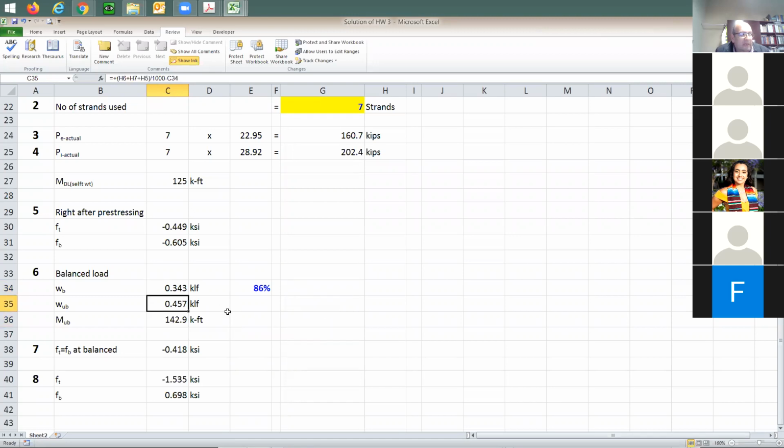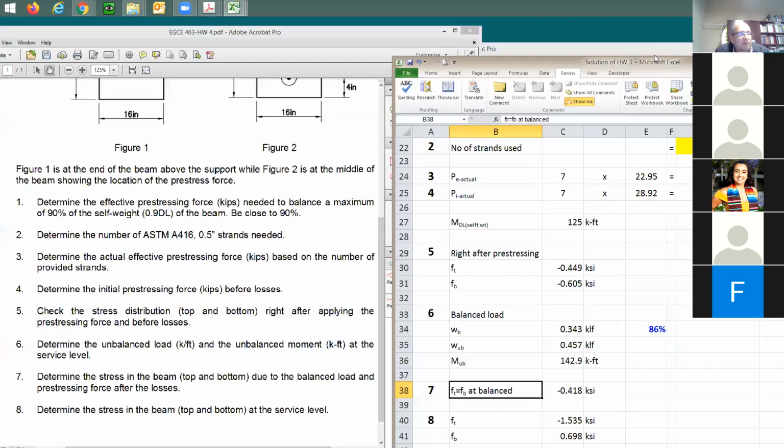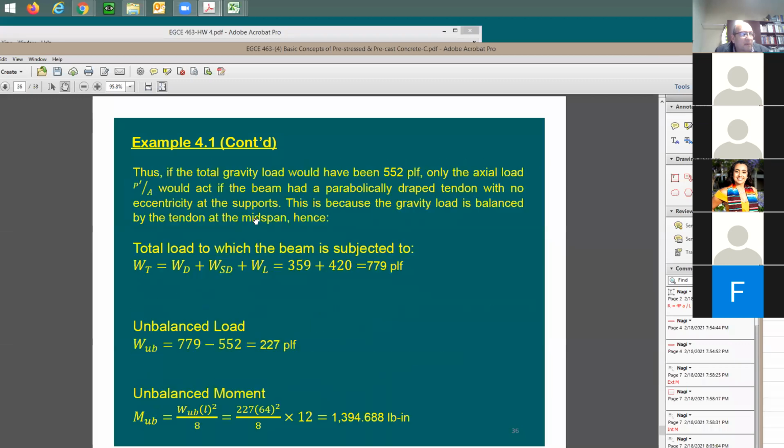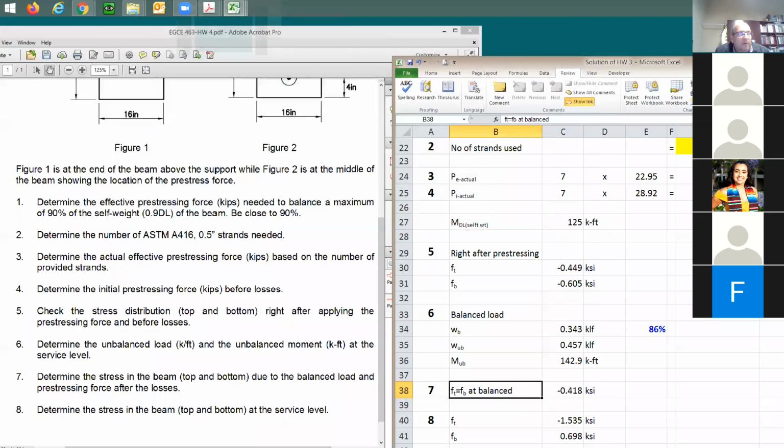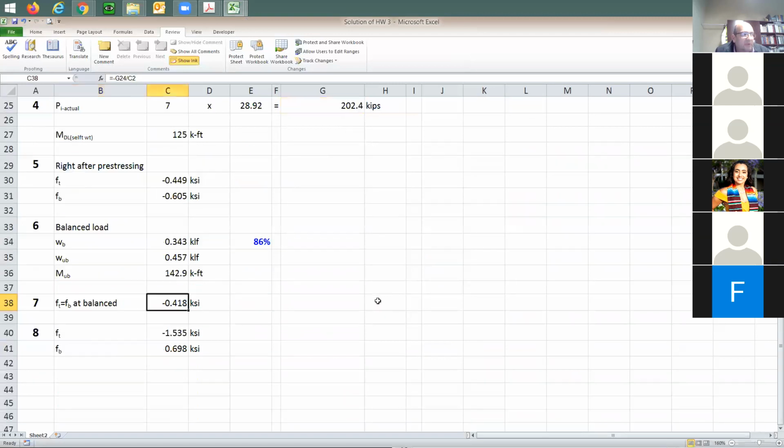Yes, sir. Okay, so unbalanced load and then unbalanced moment. How about the top and bottom at the balanced? How did you do this? Is it at negative P over A? Exactly. So only at the balanced condition it is going to be just P over A.